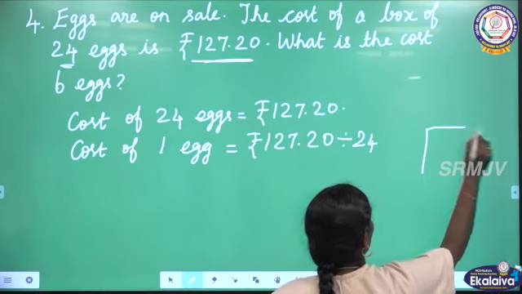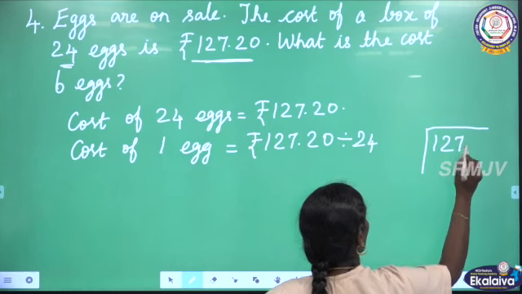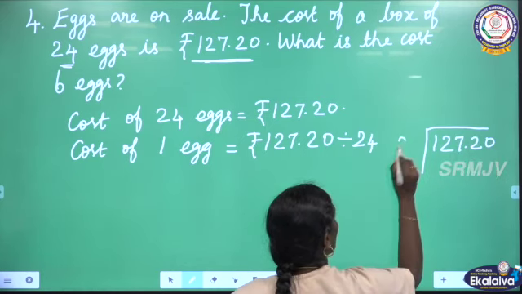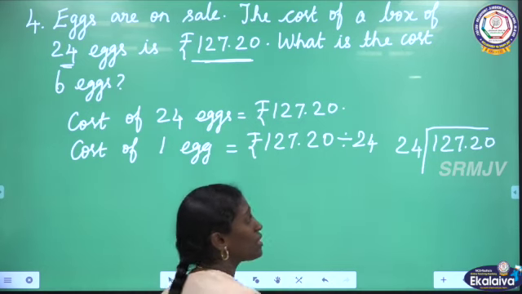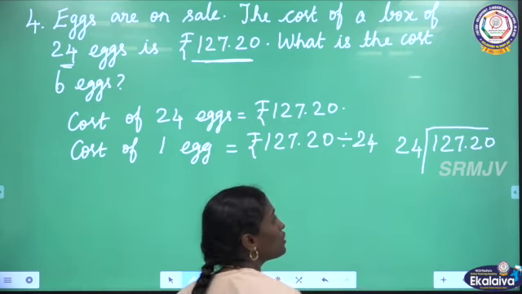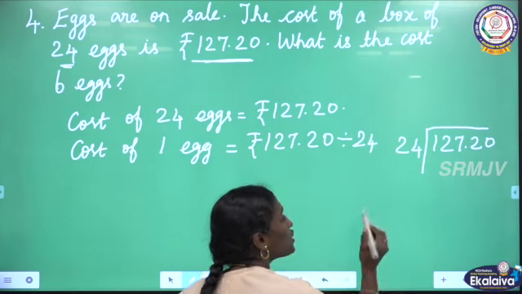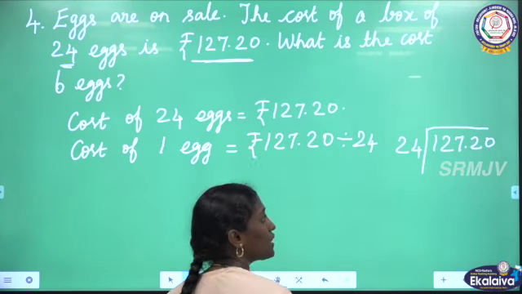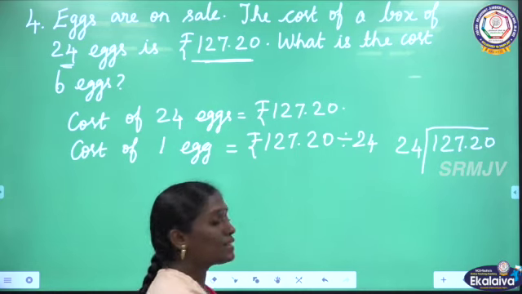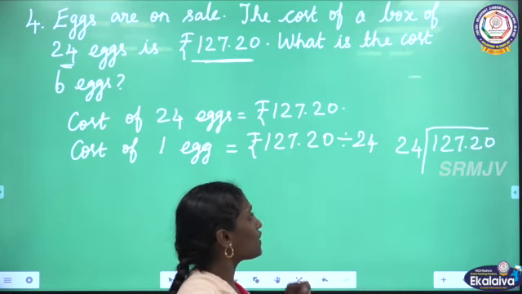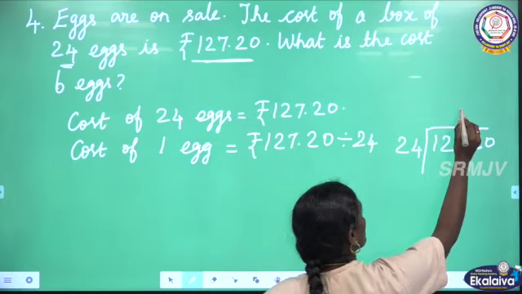Let us divide the number 127.20 by 24. Here divisor is a 2-digit number. So we have to check the first 2 digits alone. The first 2 digits, 12, is less than the divisor. So we have to take the 3 digits together. 127. In 127, how many times 24 is there?